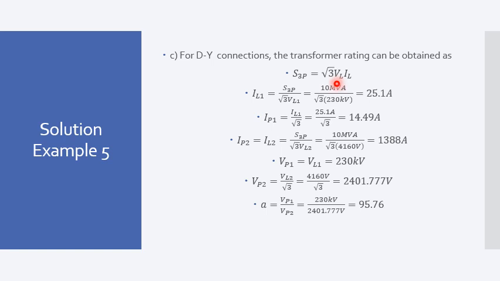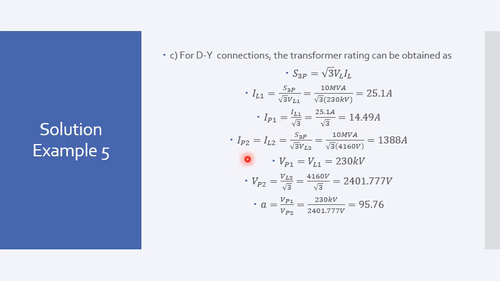S is 10 MVA divided by √3 times 230 kilovolt, so 25.1 A. Because the primary connection is delta, the phase current is not equal to the line current. So the phase current, you need to divide by √3. So we get 14.49 A for the phase current at the primary side.